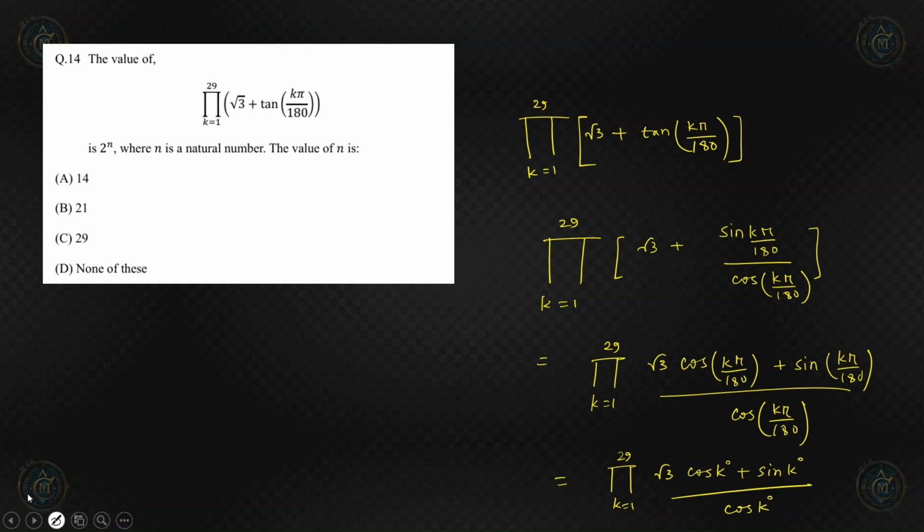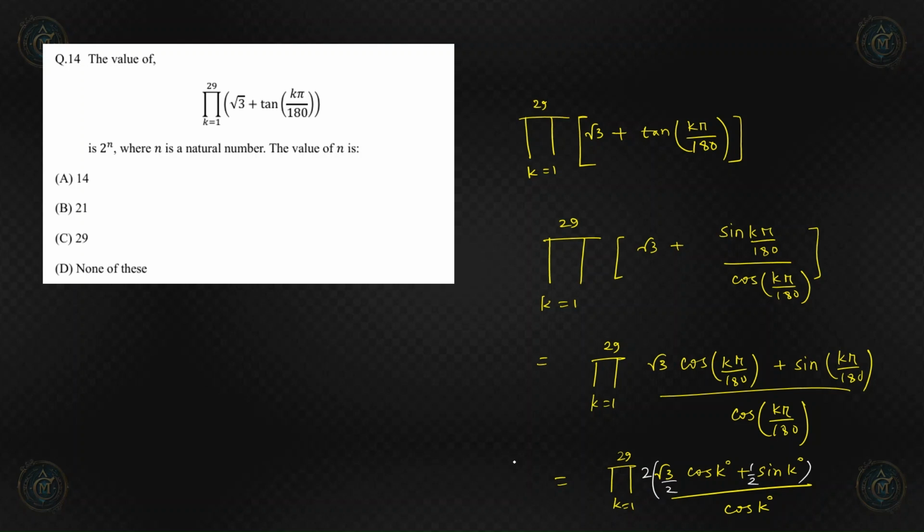Now see here we have this numerator, we can easily represent in terms of a single sine or cosine function, right? Now our idea was to use telescopic method, right? So for telescopic method we have to have identical functions in numerator and denominator, right? So we can convert this numerator into a single cosine function. So we can multiply and divide by 2 here.